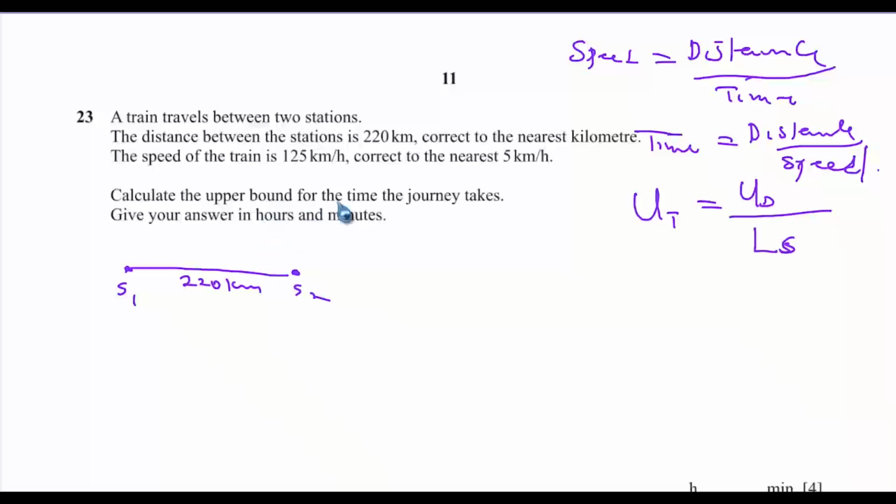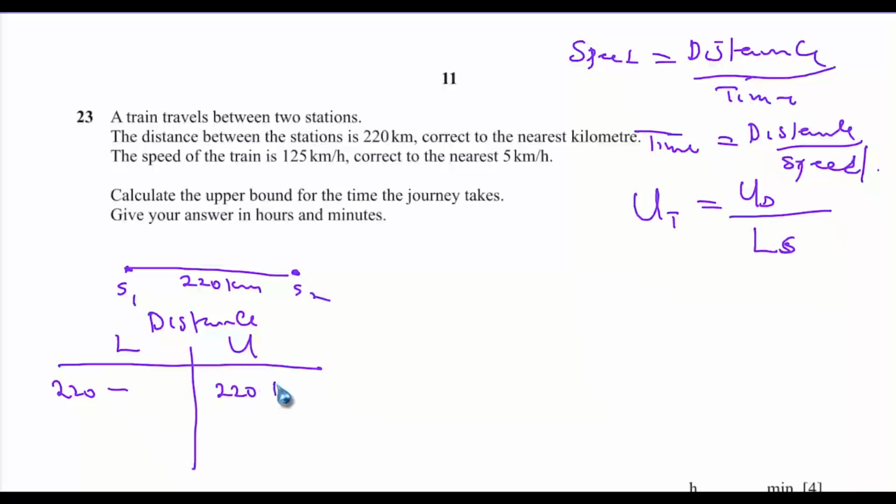So for the distance, we need the upper bound of the distance. The distance is 220 kilometers, correct to the nearest kilometer. So to get the lower and the upper bounds, even though we only need the upper bound, it has to be 220 minus something, then 220 plus something.